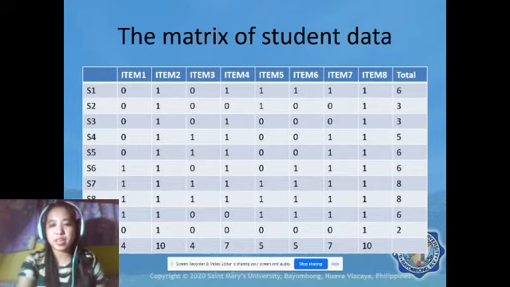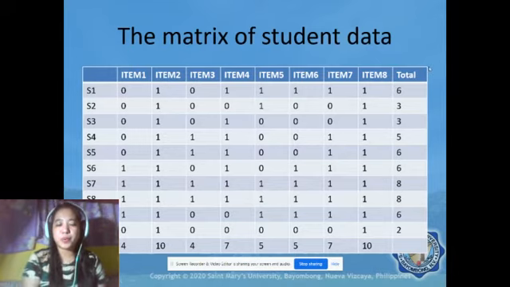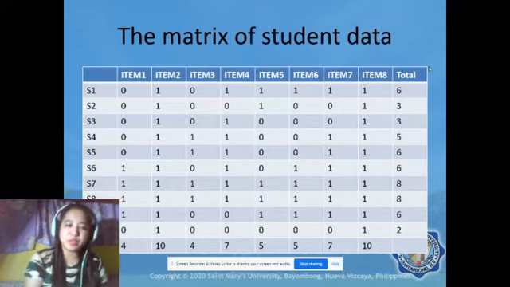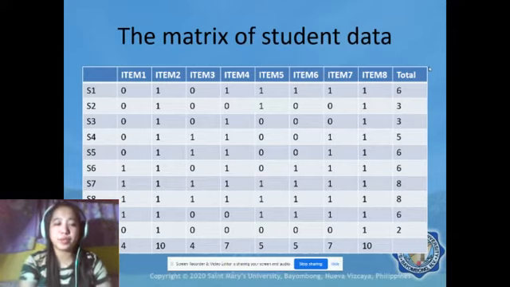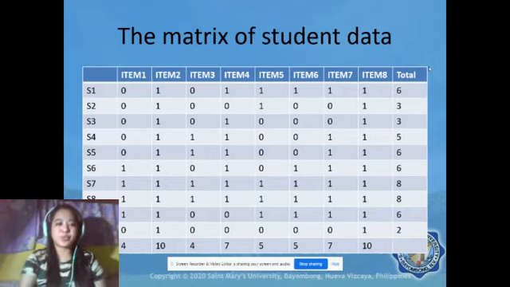So the scores here correspond to the performance or the achievement of each individual student, which means the higher the score, the higher the performance, and the lower the score, the lower the performance of the students.